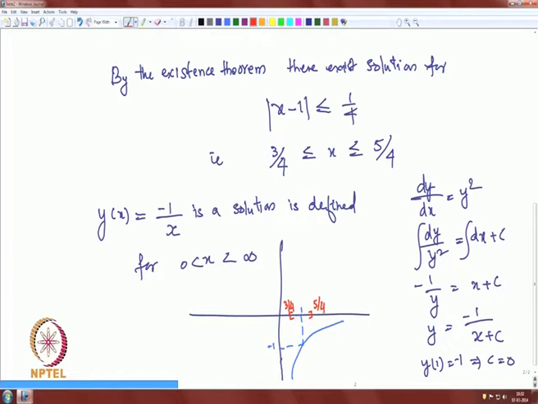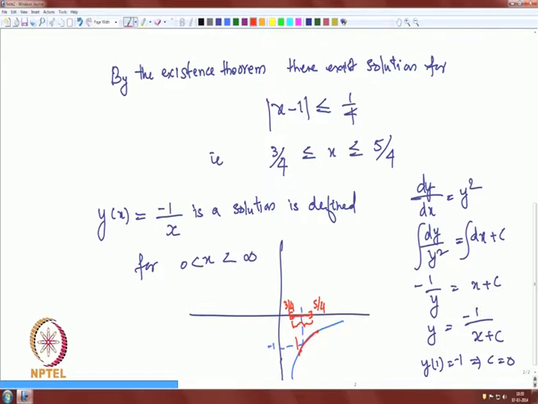So the existence theorem guarantees that there is a solution only on this region. But look at the solution, y is equal to minus 1 by x, says the solution is defined between 0 and infinity.